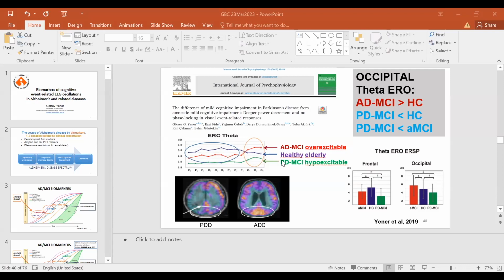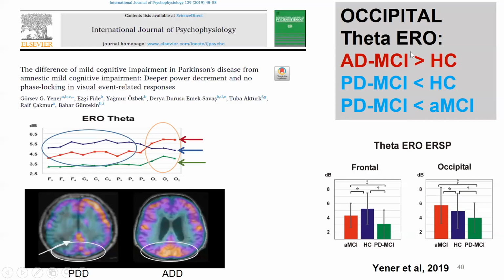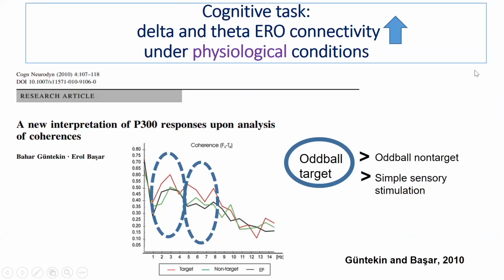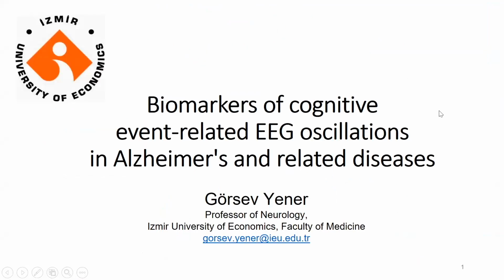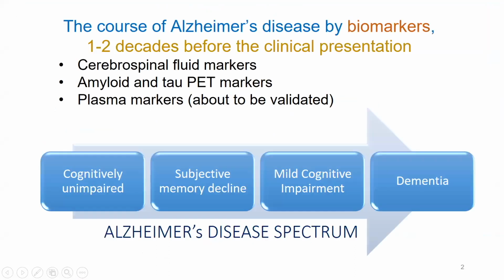Thank you very much for this great talk, and thank you for the kind invitation. I would like to talk about cognitive event-related EEG oscillations in Alzheimer's and related diseases. We all know now that we can detect Alzheimer's disease by biomarkers 1 to 2 decades before the clinical presentation.